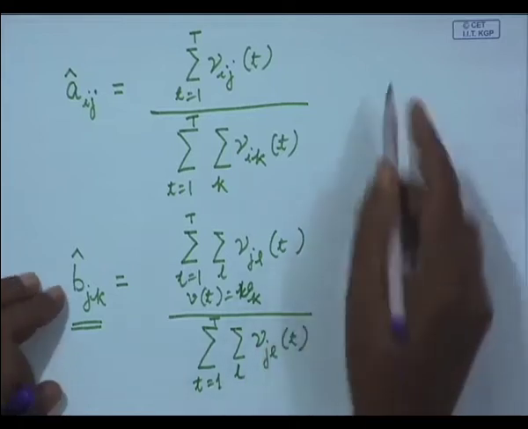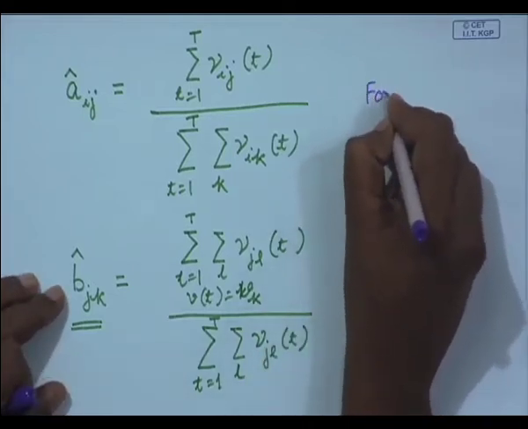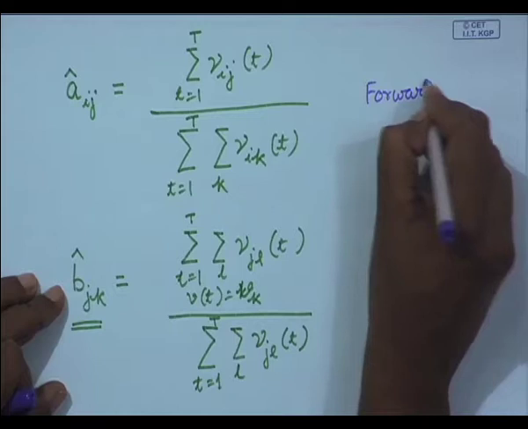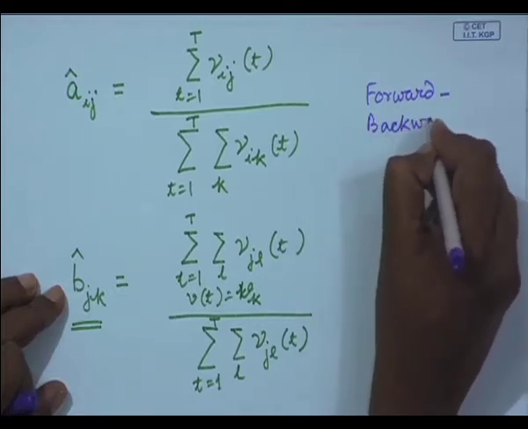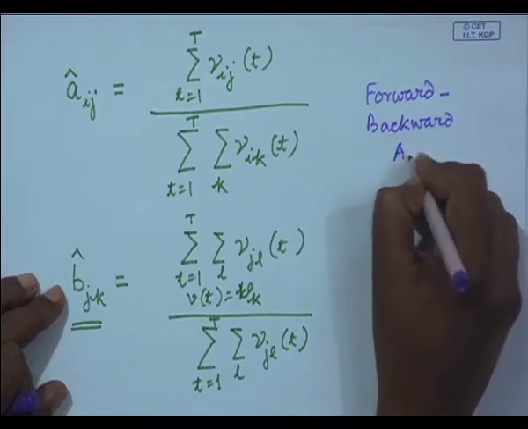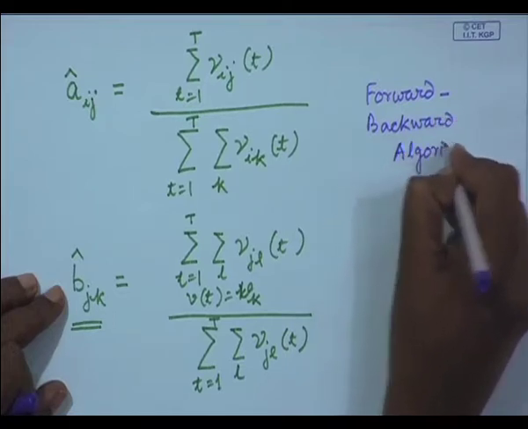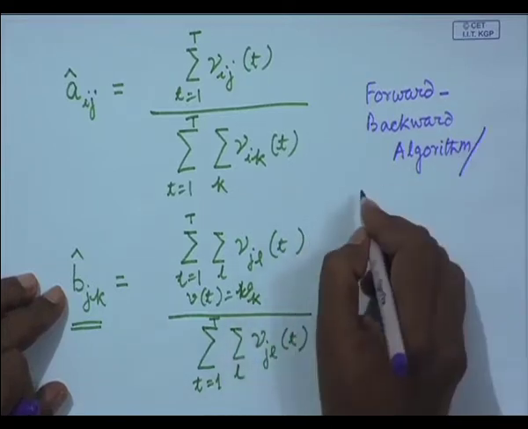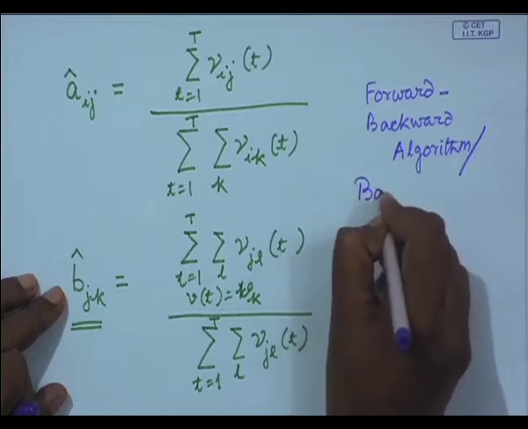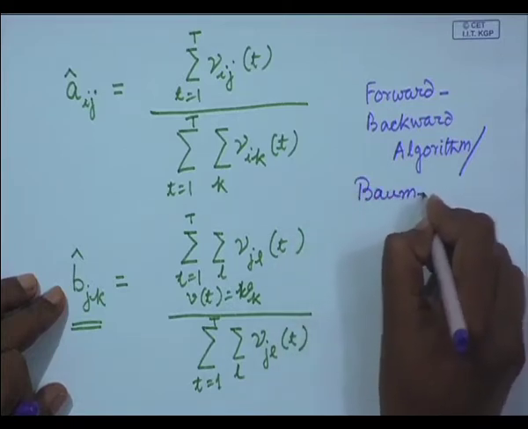And because this process is using both the forward estimation and the backward estimation, the algorithm is called the forward backward algorithm, or this is also known as the Baum-Welch algorithm.